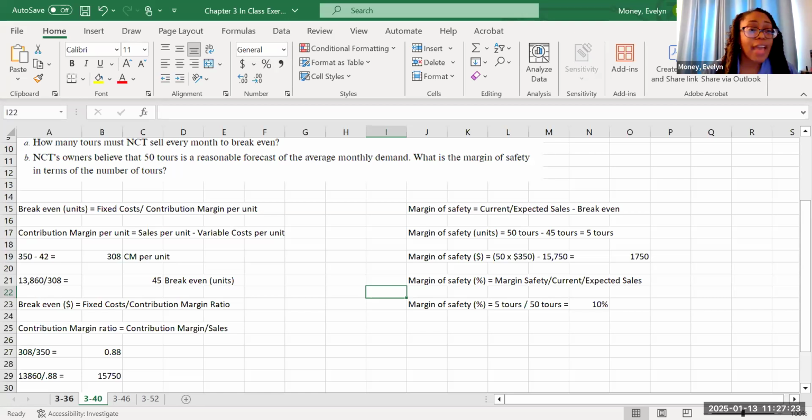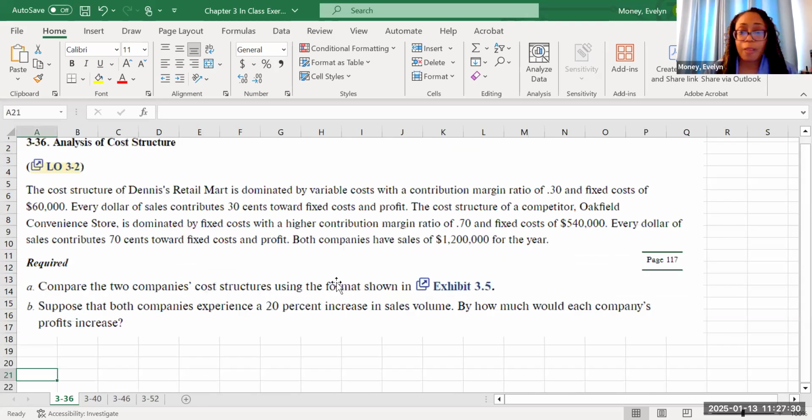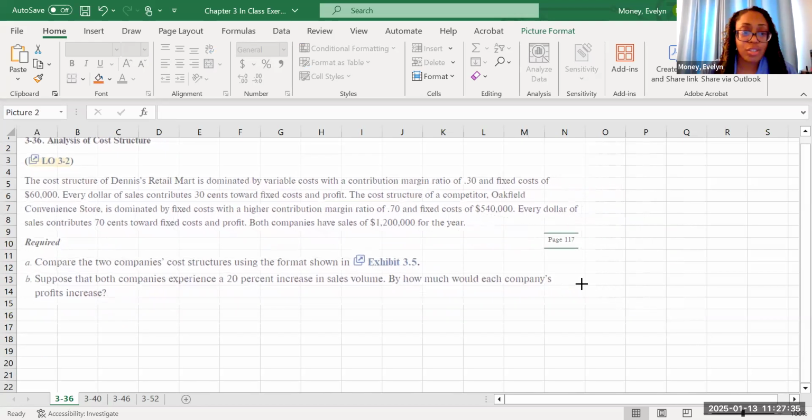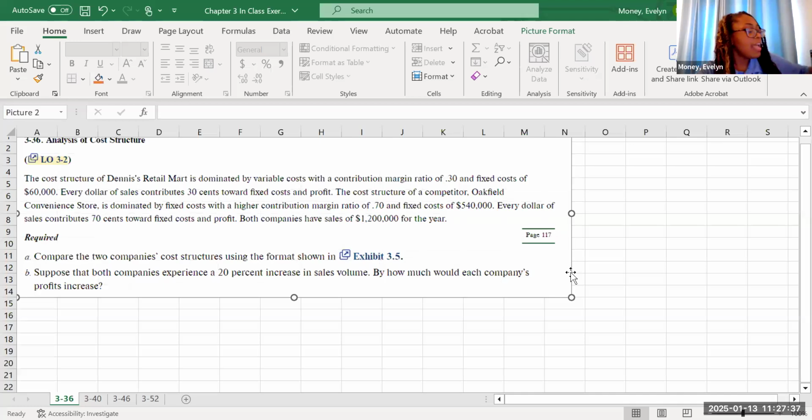Now let's take a look at the operating leverage problem. So we're going to look at 3-36 now, where we look at operating leverage and the different cost structures. Now this one is loads of fun, and I'm probably going to change my formatting just a little bit because the format that we are asked to use is simply a contribution margin income statement, the same contribution margin income statement that you saw back in chapter 2.